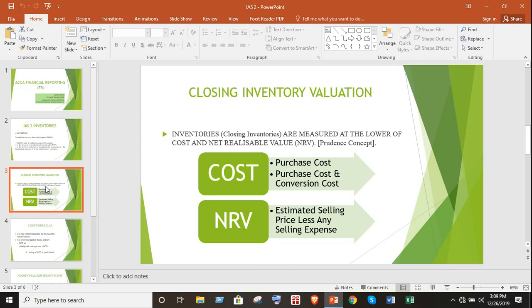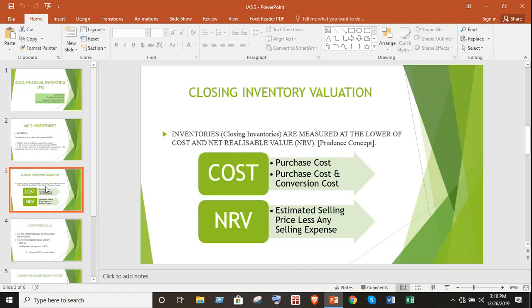I hope you already know about the prudence concept, which is explained in the conceptual framework. According to the prudence concept, you cannot overstate any profit or asset. So here the closing inventory valuation is embedded with an inbuilt impairment test.